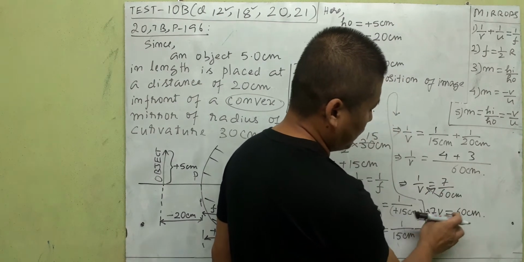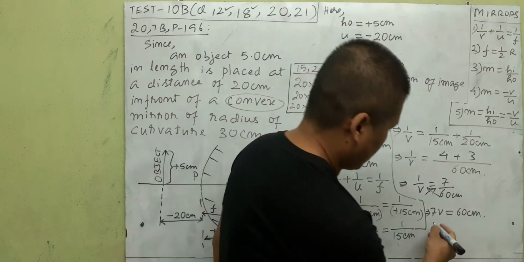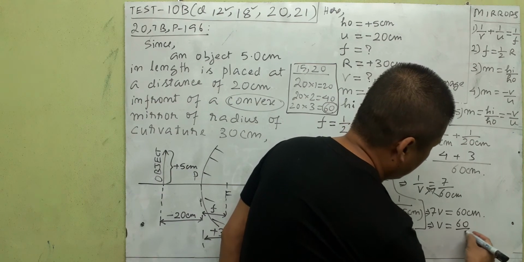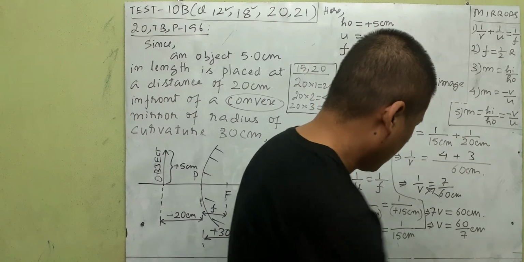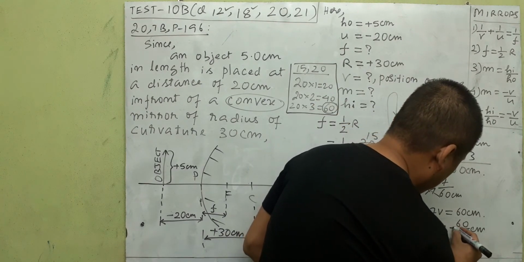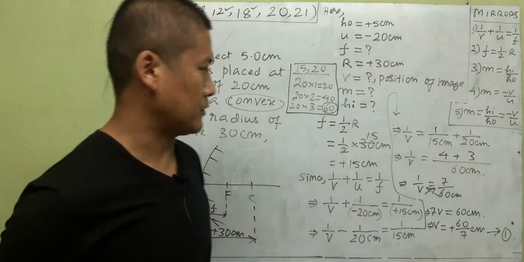First up and down you do, put the equal sign, then second up and down or down and up, it's up to you. So here finally you're going to get V equal to 60 by 7 centimeter. If you like, you can put the plus sign in front. V equal to plus. Just keep it like that for some time. Equation 1, let us suppose.